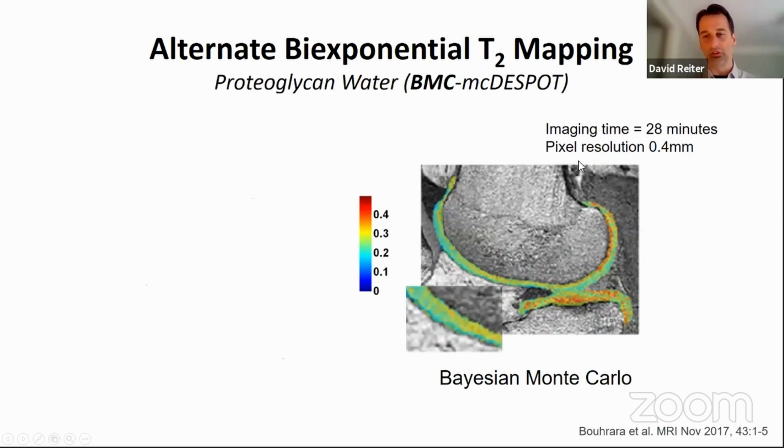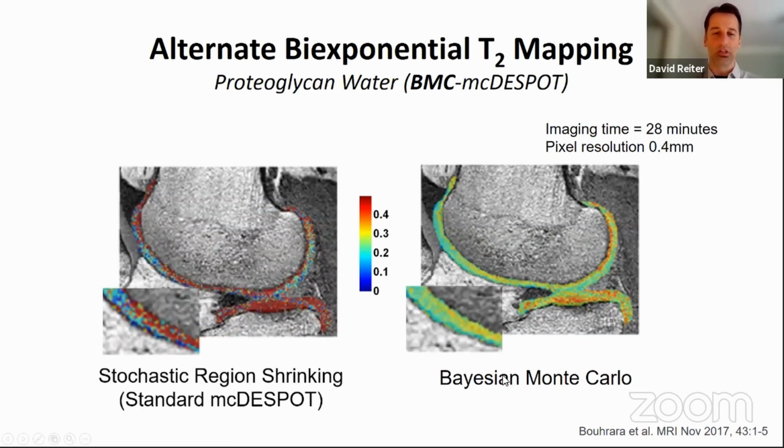To illustrate some of the highlights, the imaging resolution can be pushed down to something that's actually feasible for looking at the different layers of articular cartilage in the knee joint, for instance. The imaging time is still a bit long, but the Bayesian approach definitely shows a significant improvement in parameter estimation compared with the standard global optimization approaches traditionally used in the McDESPOT approach.